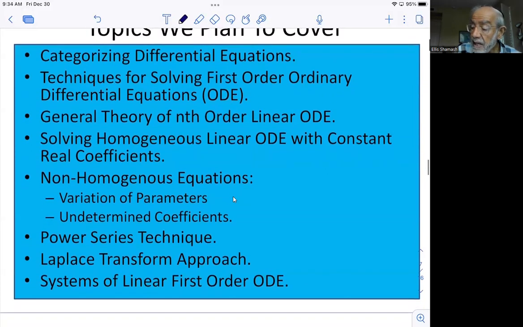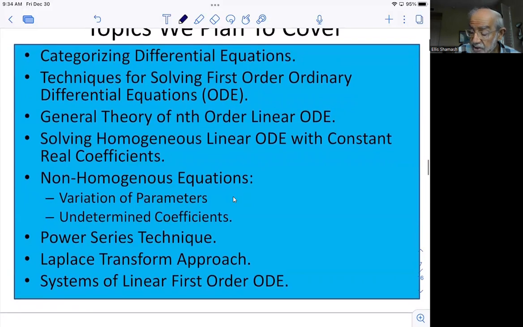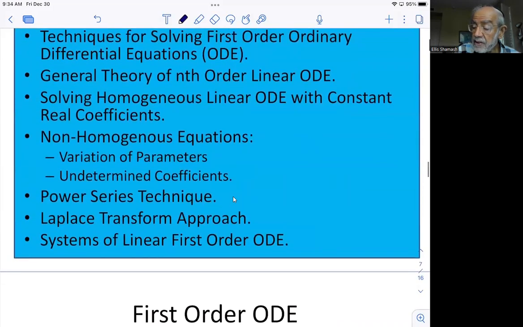We look at a homogeneous equation, where it equals 0 and doesn't have any forcing function. How can I solve it if I have constant coefficients, not just arbitrary functions of the independent variable? Then I can say a lot more. And we'll look at what I can do about non-homogeneous equations. We have techniques for that.